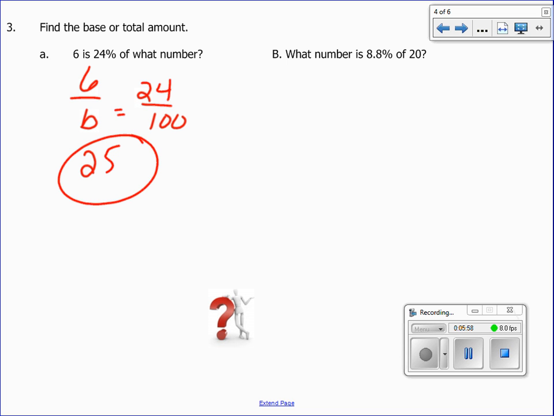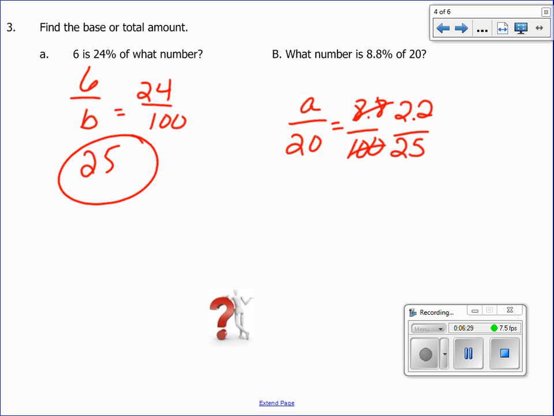In B, what number is 8 8/10% of 20? What number is 8.8% of 20? You can simplify this to 2 2/10 over 25.